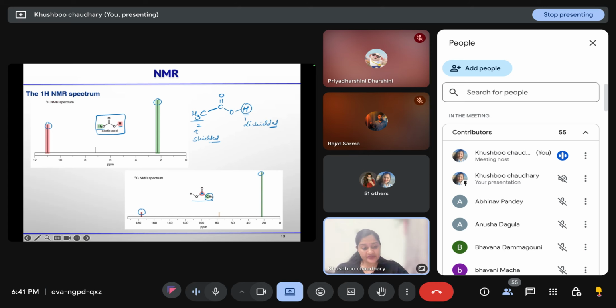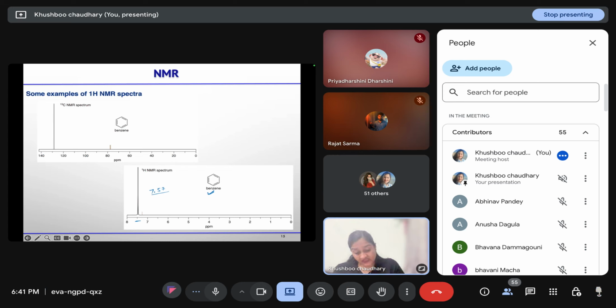And in the carbon spectrum for benzene, the signal will come around 125 ppm. You should be aware of these values, or remember them for some time, because when we discuss electrophilic aromatic substitution, we will see the difference in the delta values relative to this value.